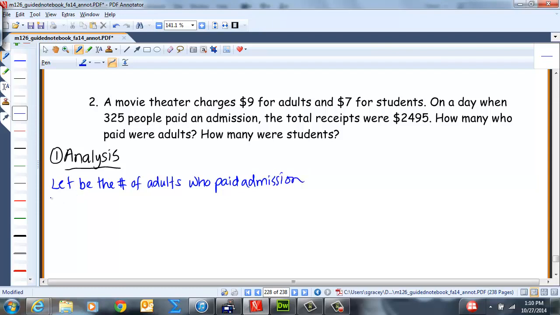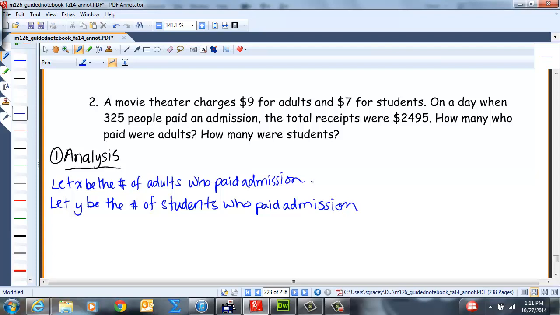And let, oh, it helps if you actually write the variable. There we go. And let y be the number of students who paid admission. Okay, so let's go ahead to the translate portion.